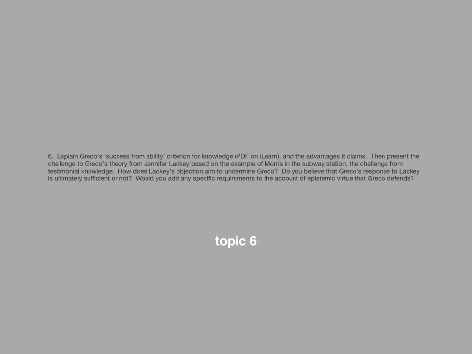So now we're going to get a pretty specific focus here, with his discussion of Jennifer Lackey, who we also have a paper on in our text. So how does the Morris case? The Morris case has turned out to be a really big thing. Lots of people are talking about it.